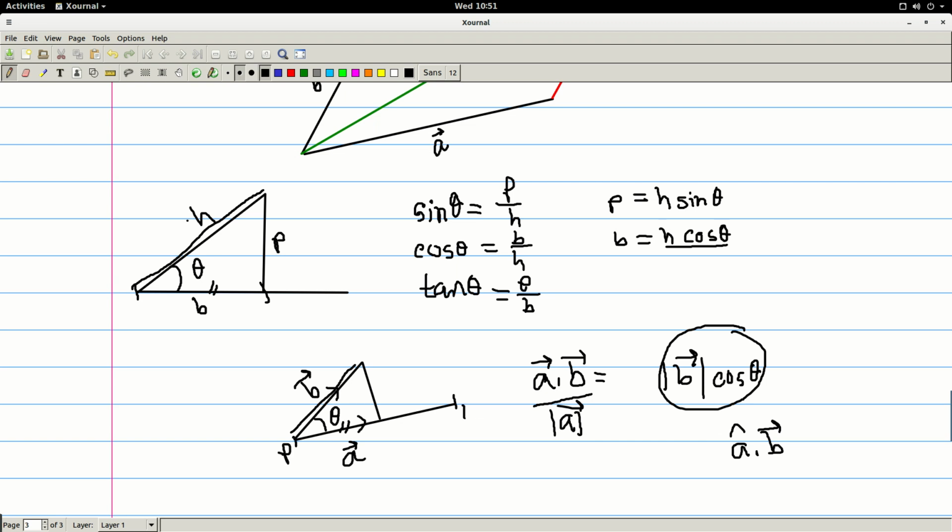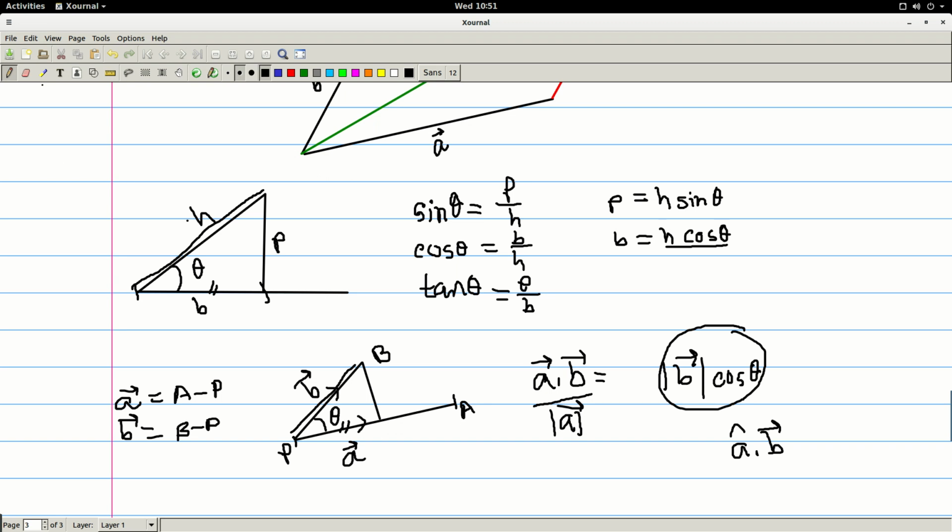So let me write it down in this format. So let's say this vector A is A minus B. And what's B? B minus B. This is something we know already.